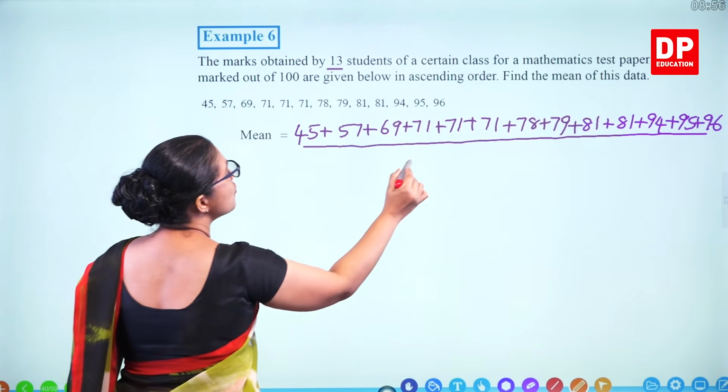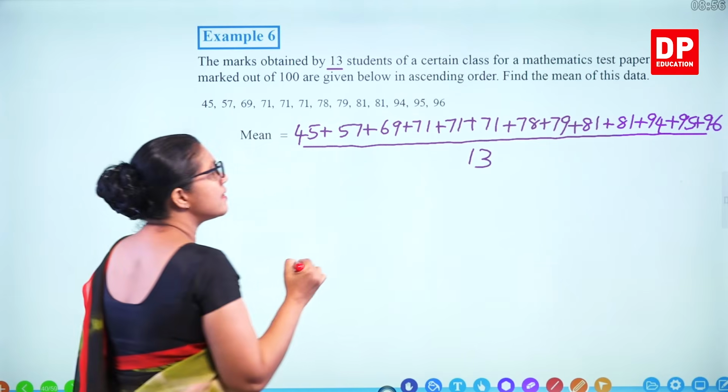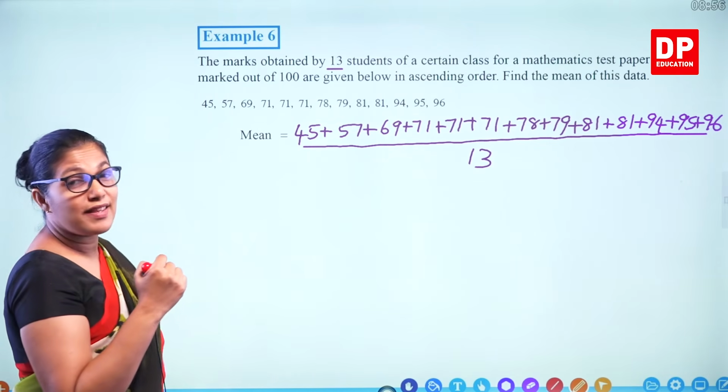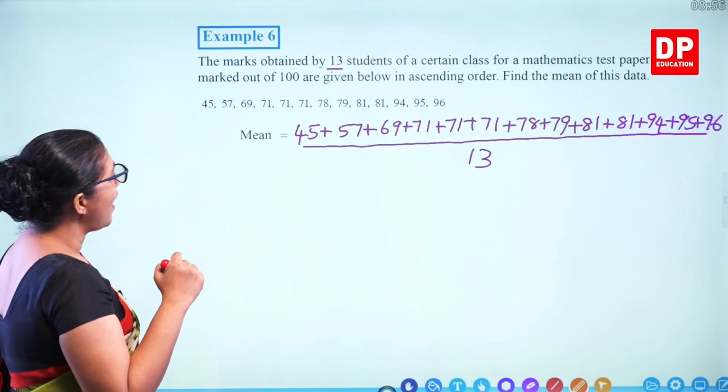It says 13 students. So divide by 13. Now we have to find the addition. So add it.